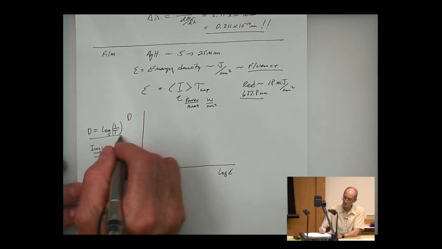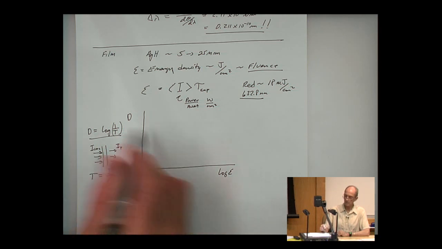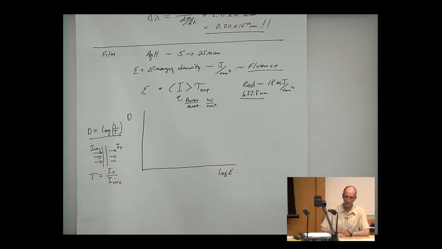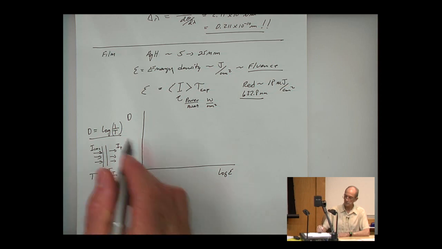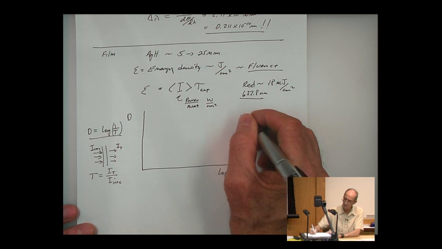And so the optical density is basically how black it looks, relative to a clear piece of glass. Again, we can quantify for some silver halide film by looking at this plot. And this particular plot is the Hurter-Driffield curve.